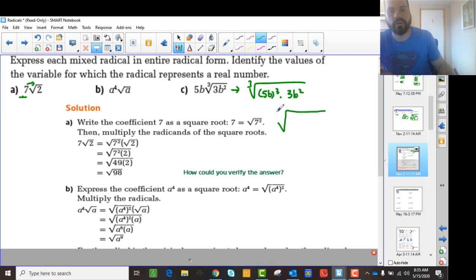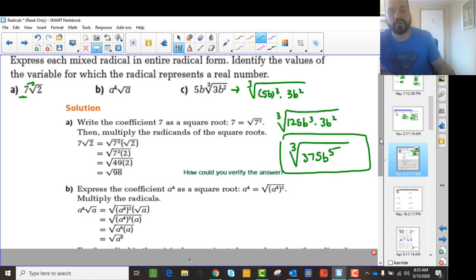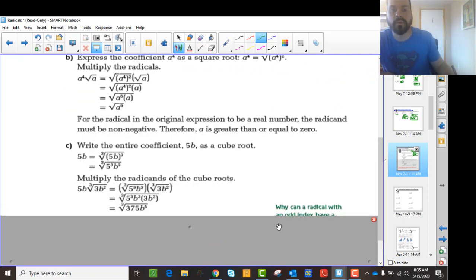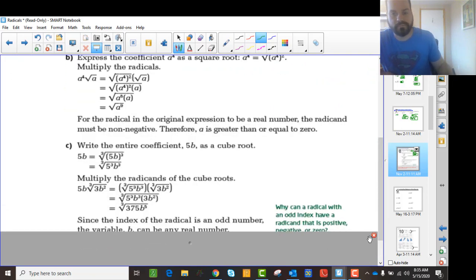So you're going to get the cube root of 125b cubed multiplied by 3b squared. And if you do that, you get the cube root of 125 times 3 is 375. And then b to the 5th, because you're multiplying, so you add the exponents. So that's my answer. Okay, and again, you can see the solution here as well. But that's how you do that.